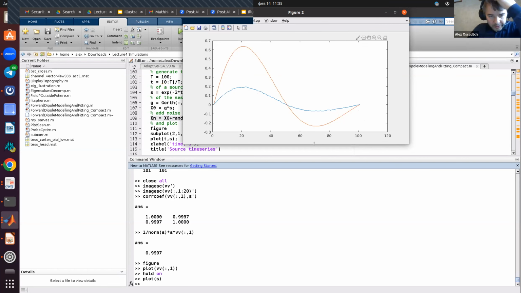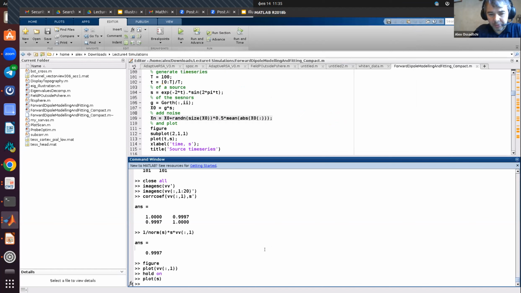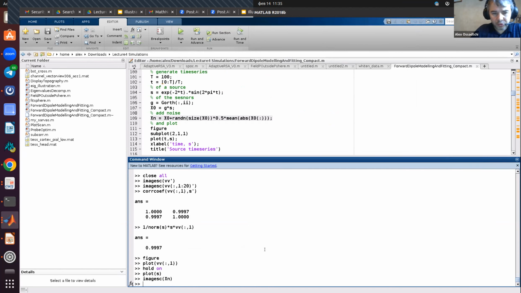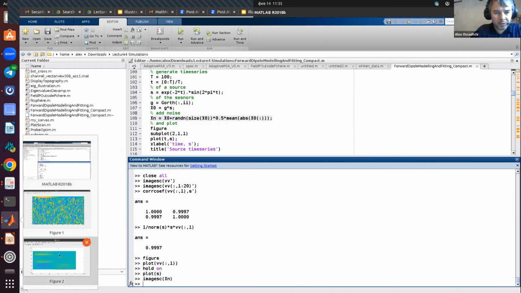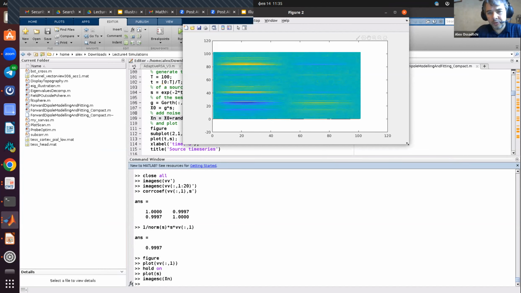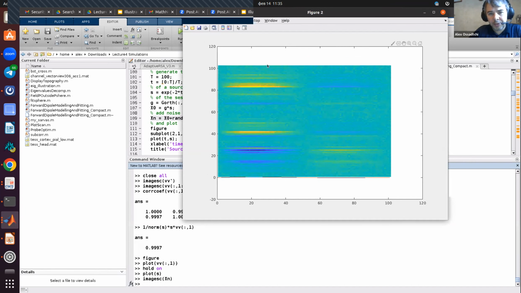So basically, look, the right singular vector of the data matrix Xn, this matrix here, tells you about the temporal structure present in this matrix.